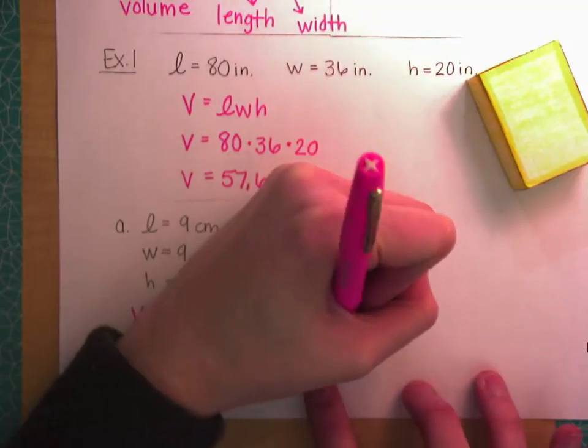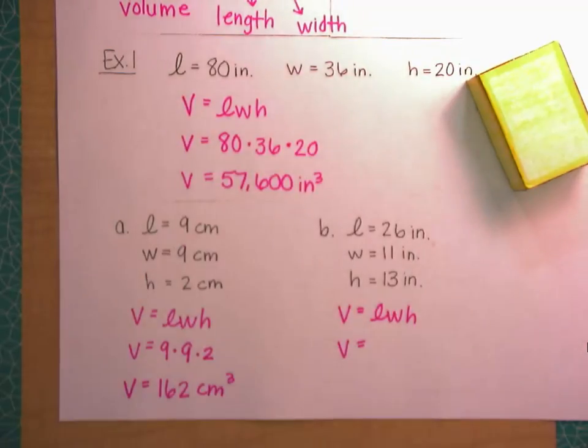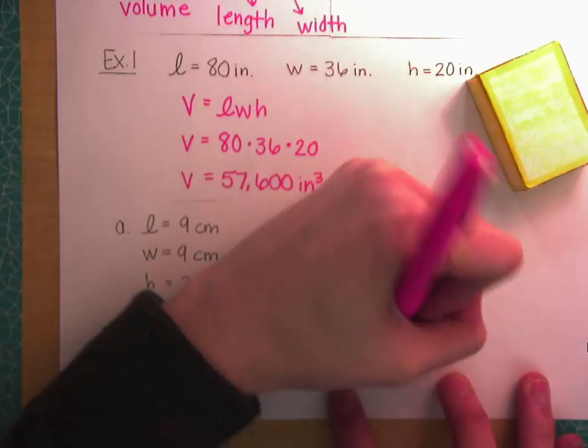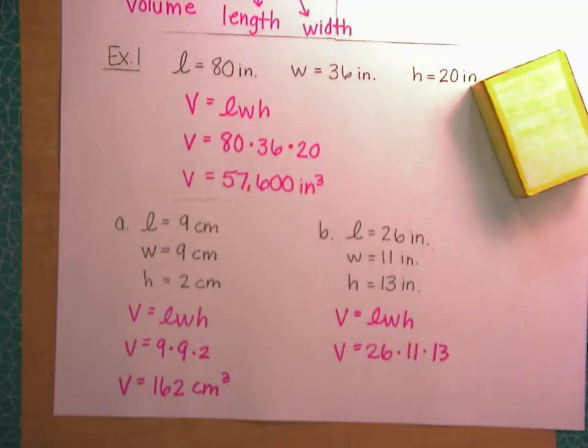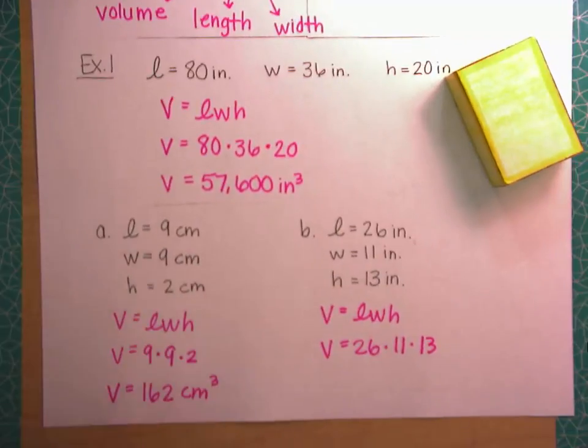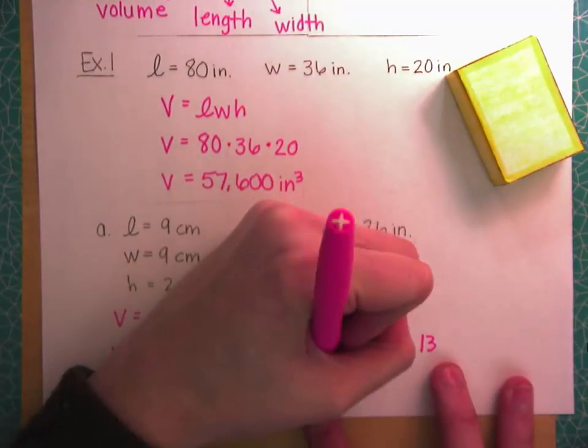So when I plug everything in, don't give me the answer, just what I'm going to be multiplying together. What would I have, Edith? I'm going to have 26 times 11 times 13. So what's my final answer going to be, Jonathan?